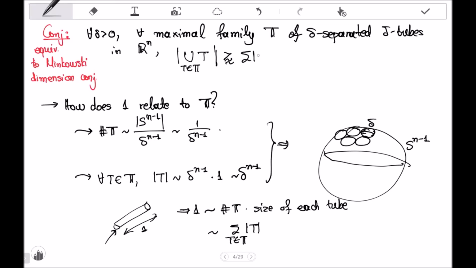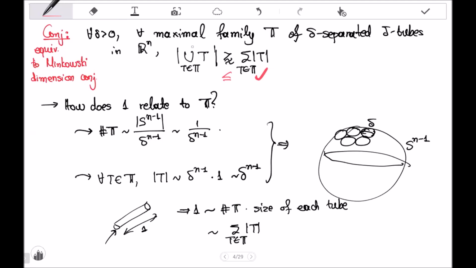That's what the conjecture says. It says that if you unite all your cubes together, that union is bigger, in some sense, than the sum of the sizes of the cubes. Now the reverse direction is always true. If you unite two sets, the union can't be bigger than the sum of the sizes. So we actually are aiming for comparability.